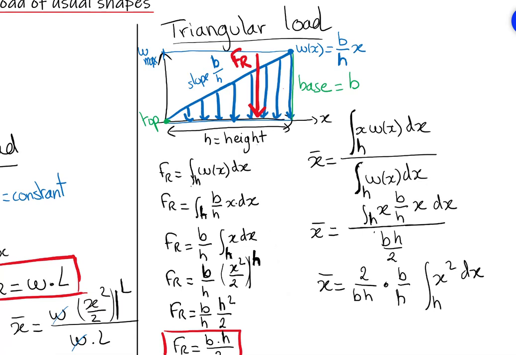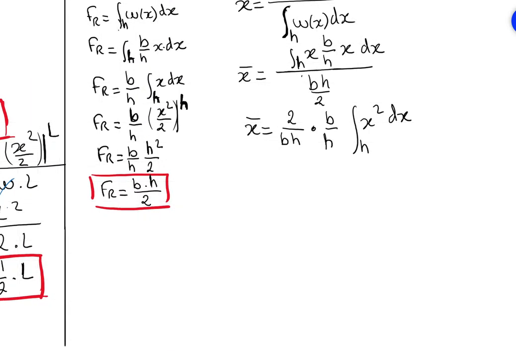I promise we are almost there. Okay, let's keep going with this one. So x bar is equal to 2 times B divided by B H times H. So it's 2 times H squared times the integral of x squared, which is x cubed divided by 3, on H. Okay, x squared dx, that's x cubed divided by 3.